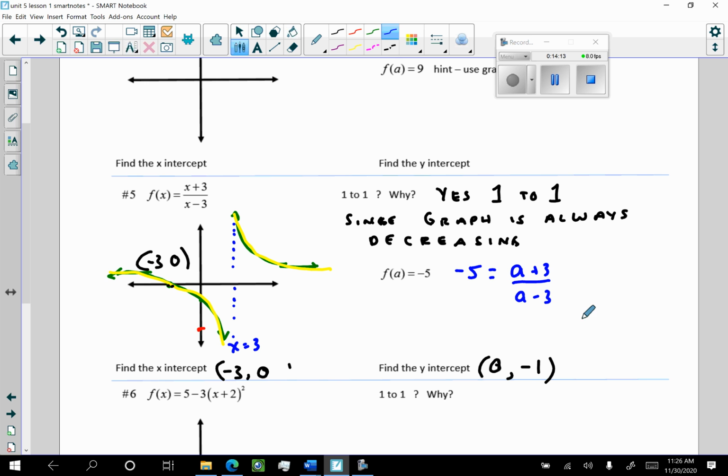Multiply both sides by a minus 3, and I get negative 5 times (a minus 3) is equal to a plus 3. I had scooted it over here to give me some more room. What I did was multiply both sides by a minus 3. And so now I have negative 5a plus 15 is equal to a plus 3.